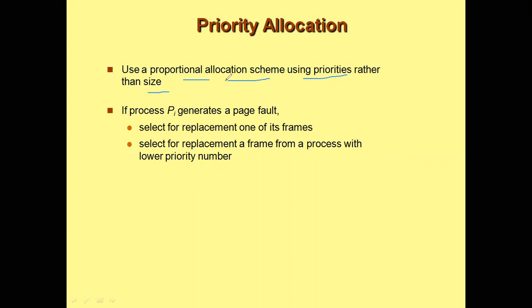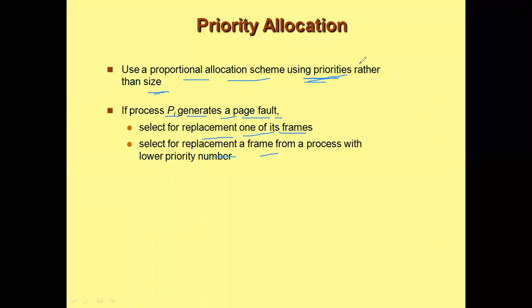We will use the same proportional allocation scheme, but we will use the priorities rather than size. If a high priority process Pi generates a fault, then it can replace one of its own frames, or it can replace a frame that belongs to a low priority process.